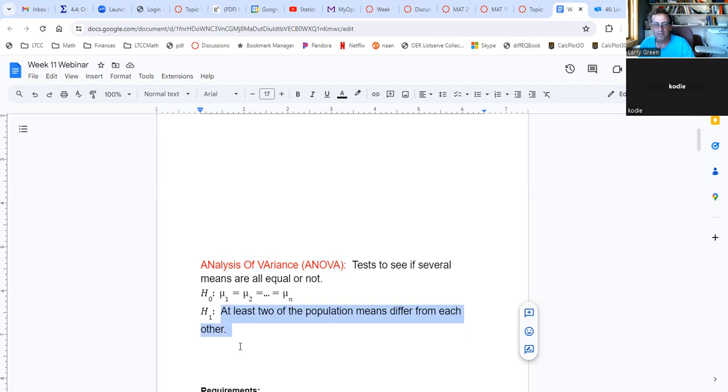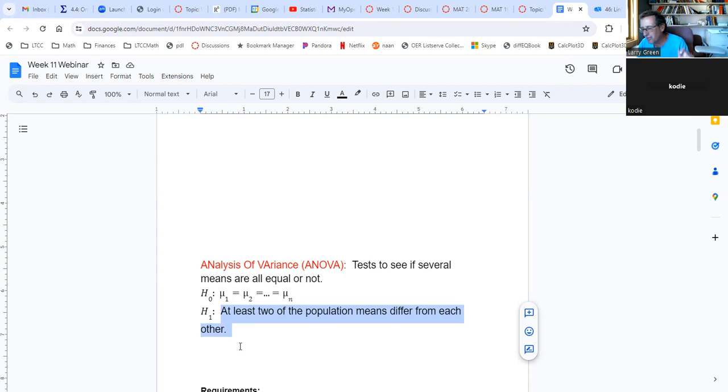Any thoughts? Let's say you were using a 5% level of significance for each of them. Any thoughts? Okay, if you don't have an idea, the idea is if you have to do a 5% level of significance, let's suppose they were all the same, but you're going to be testing pairs.